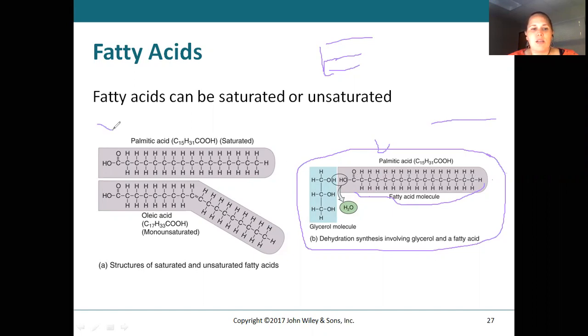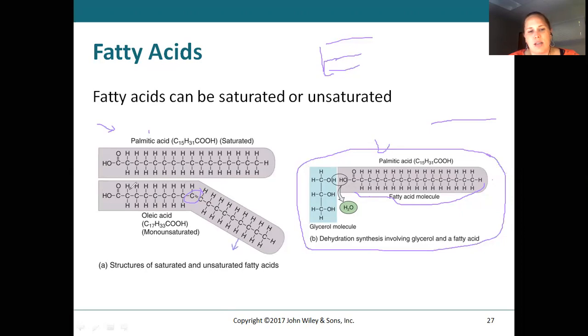If you see here the example of this palmitic acid, and this oleic acid is monounsaturated. This is an unsaturated fat because it's got this double bond here. This double bond actually causes a kink in this leg of this lipid, and that kink causes it to kick out to that side.